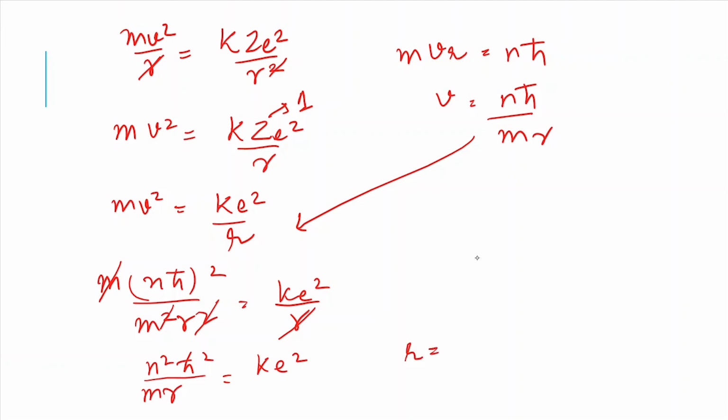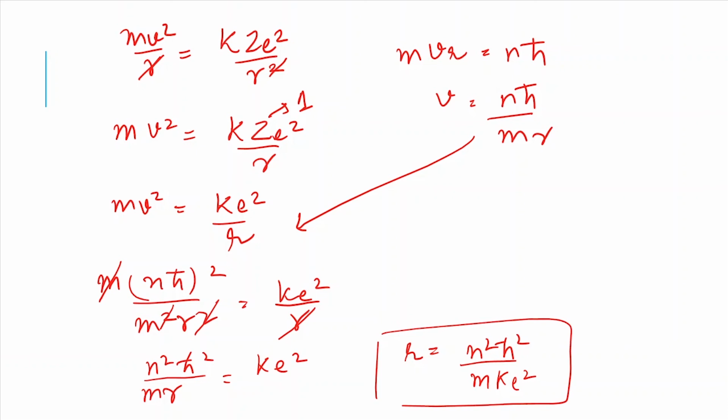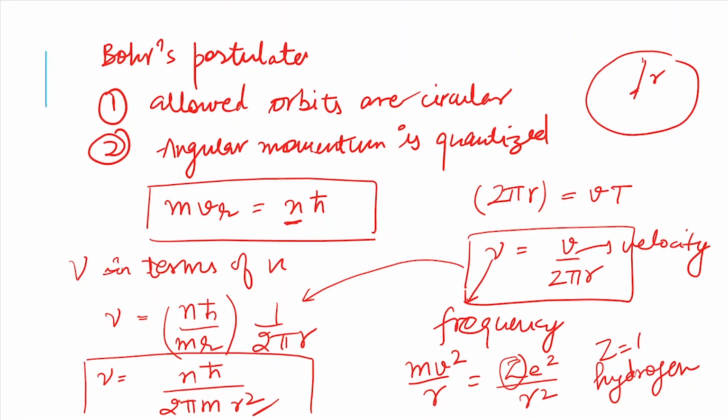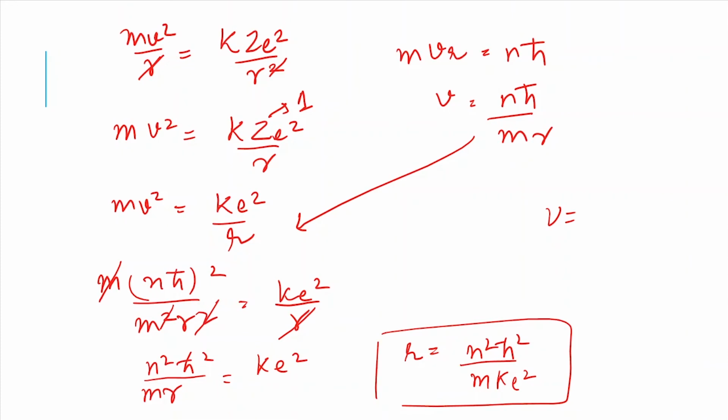So r can be written as n square h cross square over m k e square. So our frequency is n h cross over 2 pi m r square.